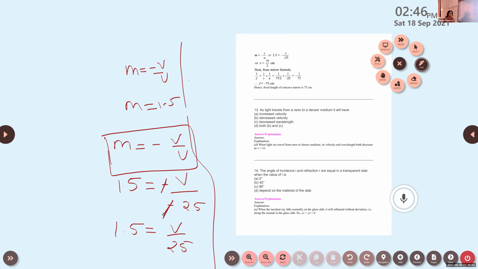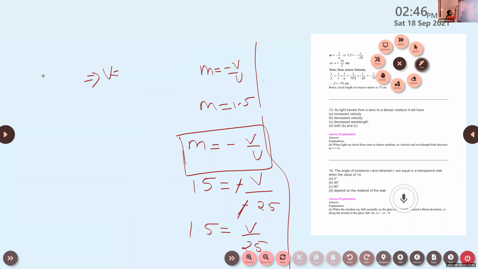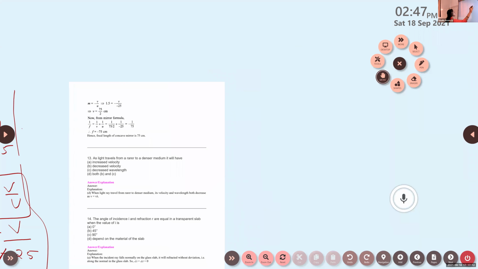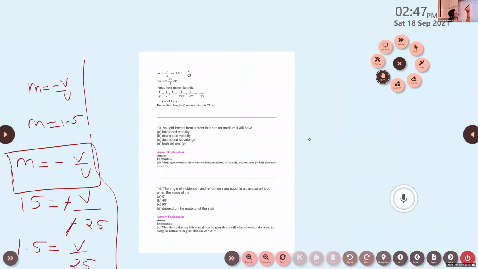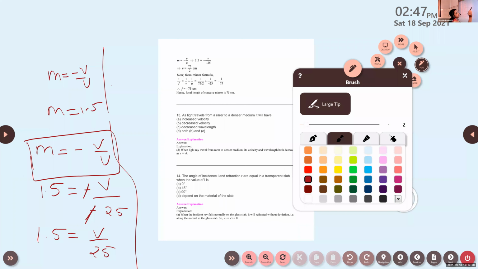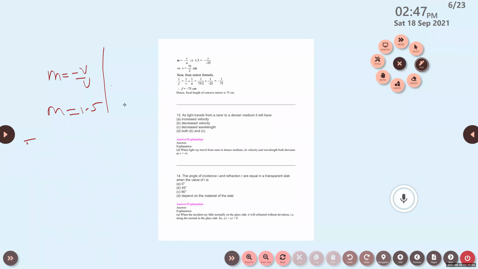So it becomes 1.5 is equal to V by 25, which implies V is equal to 25 into 1.5, which is 37.5 centimeter.